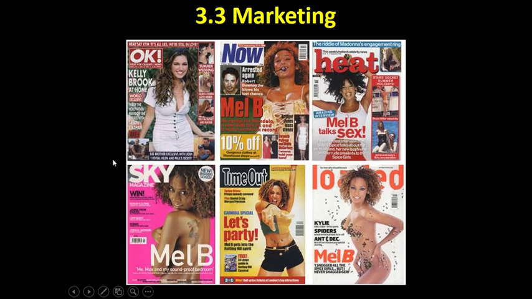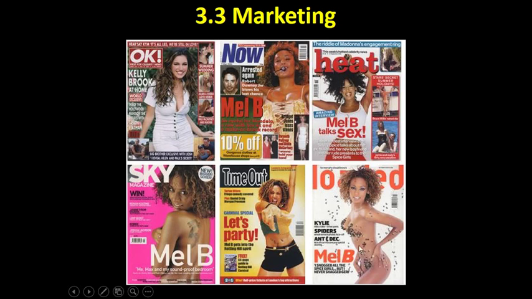The magazine industry is a really good example of products that target niche markets. Within the magazine industry, we've got publications like OK, which, I'm not great at this, but I suspect targets women in their 20s. Heat magazine is for a slightly younger female audience.